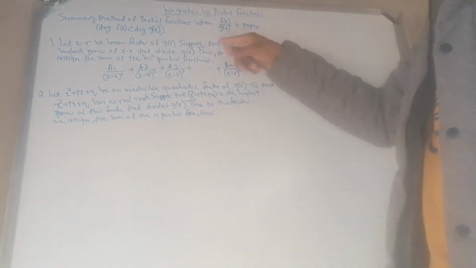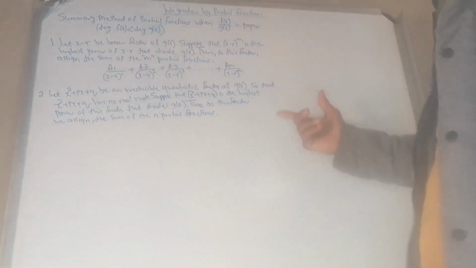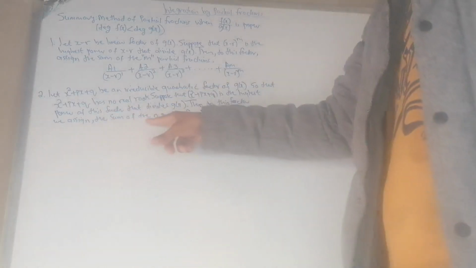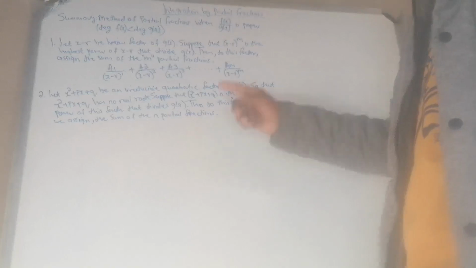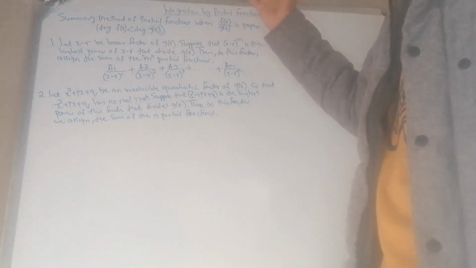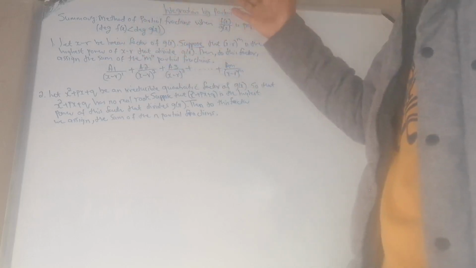Now, the very same thing that we said with the very first one, we are saying with this second one. We assigned the sum of the m partial fractions to the first factor, and to this factor we assign the sum of the n partial fractions. In this one, we were dealing with a linear factor of g at x.